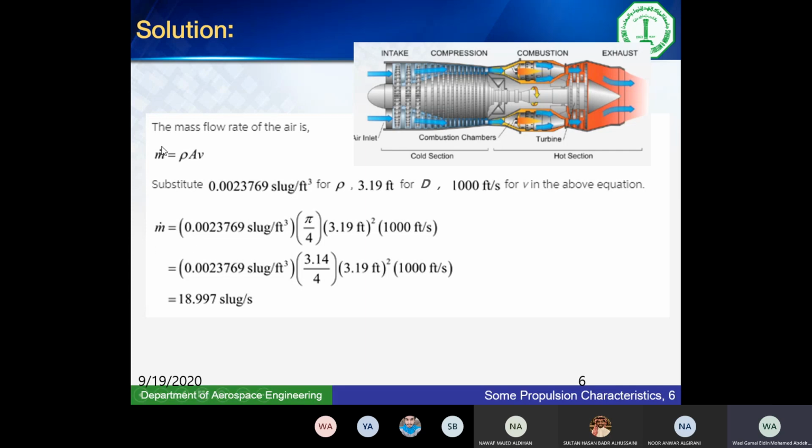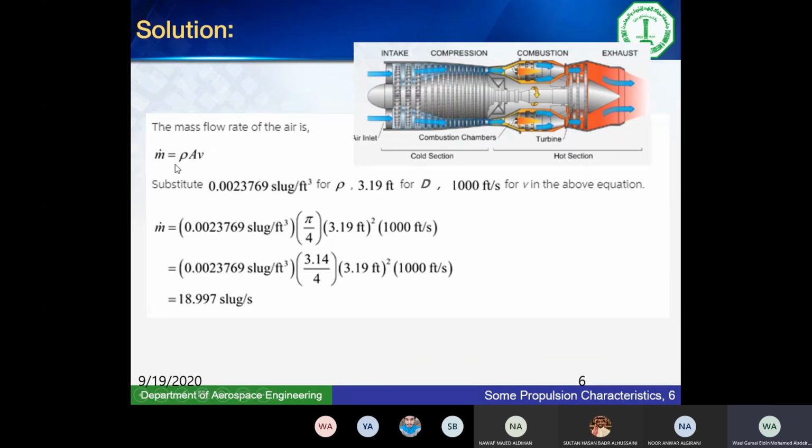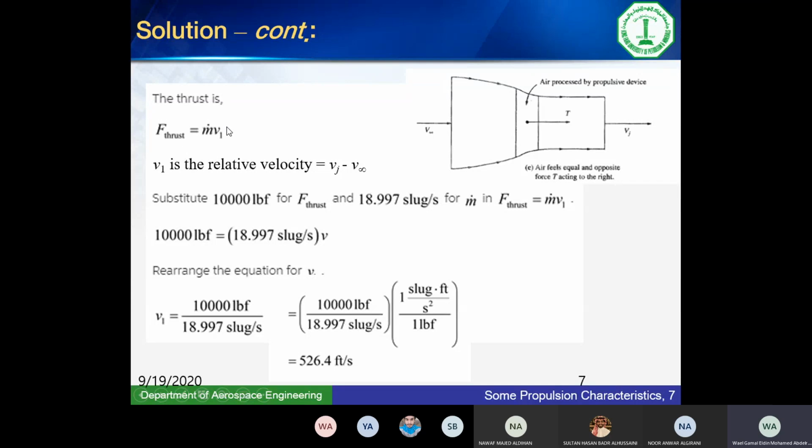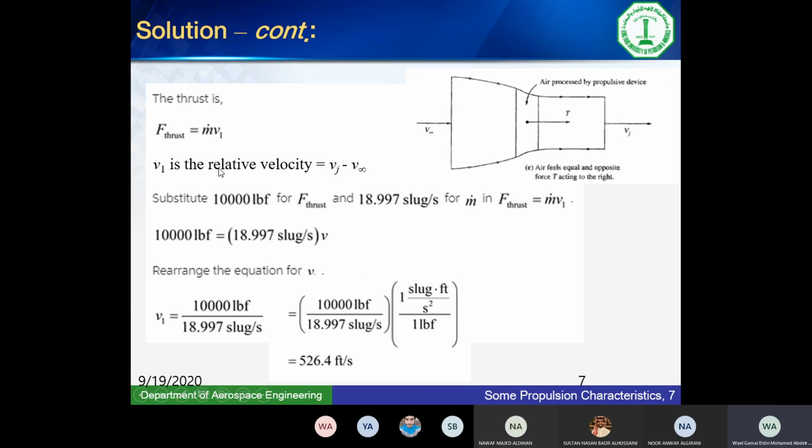Now that we have m dot, all I have to do is put it in Newton's second law. That's the second equation. We had only these two equations for a jet engine: F equal m dot V1, and m dot is rho A V. That's it. Don't have any other equations. So I will take m dot that we have just calculated, the 19, and put it here.